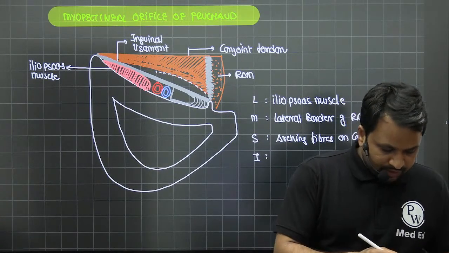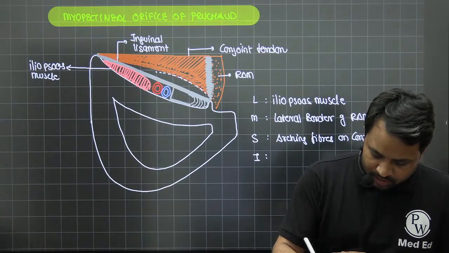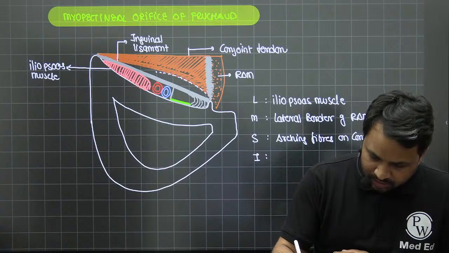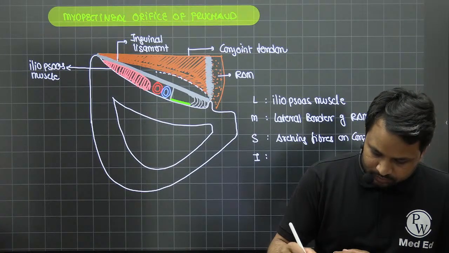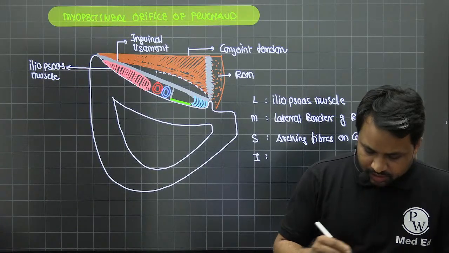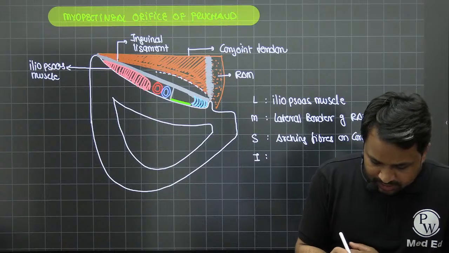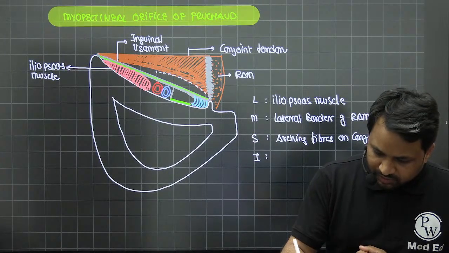When you look at the inferior one, inferior is formed by what is this? We've already marked it down. What is this? This is your Cooper's ligament, right? This happens to be our lacunar ligament, right? This is the inguinal ligament. The green one is the inguinal ligament. We'll follow the same color code that we have done before, no?